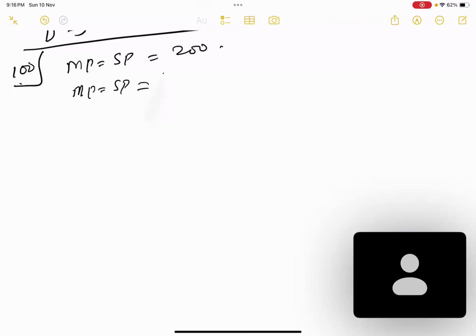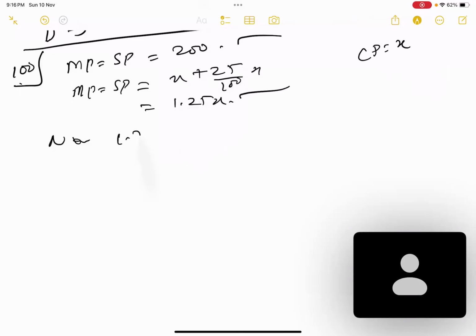Now, if we assume that cost price is equal to X, then mark price is equal to X plus 25% higher, right? So 1.25X. Now, these two are same, right? 1.25X is equal to 200. So X is equal to 200 divided by 1.25, which is equal to 160.